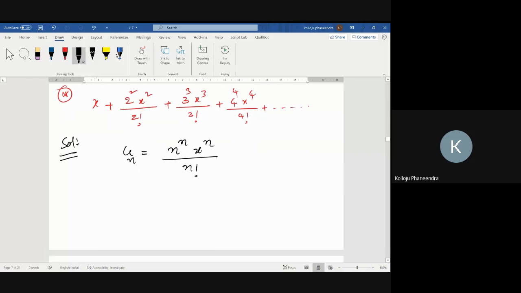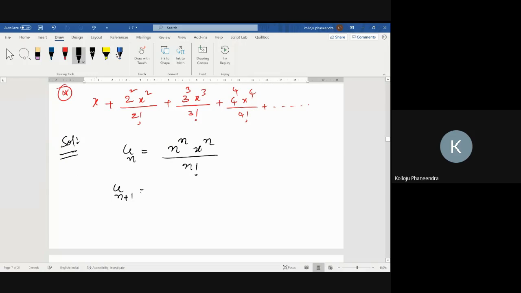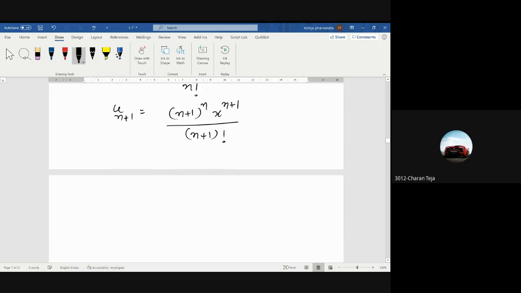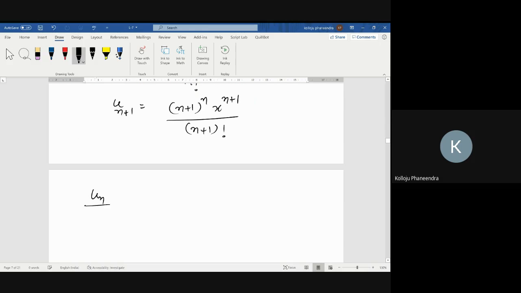Clearly factorials are there, so go for the ratio test. This is n plus 1 whole to the power of n plus 1, x to the power of n plus 1 by n plus 1 factorial.